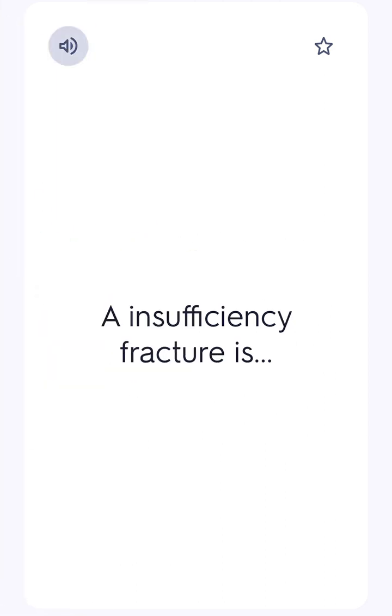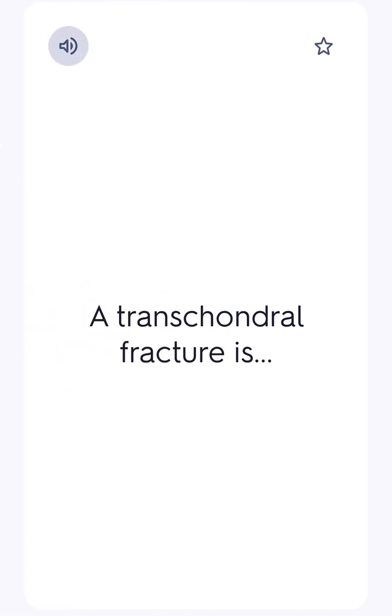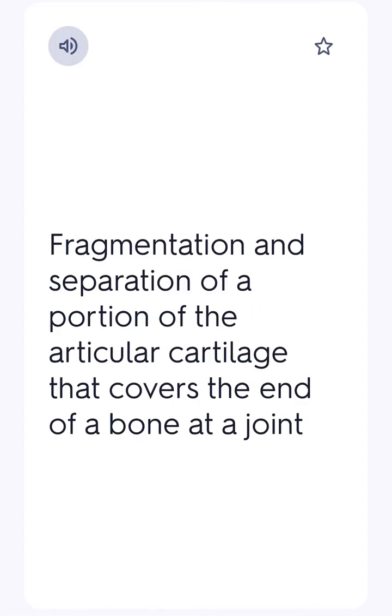An insufficiency fracture occurs in bones lacking the normal ability to deform and recover. A transchondral fracture is fragmentation and separation of a portion of the articular cartilage that covers the end of a bone at a joint.